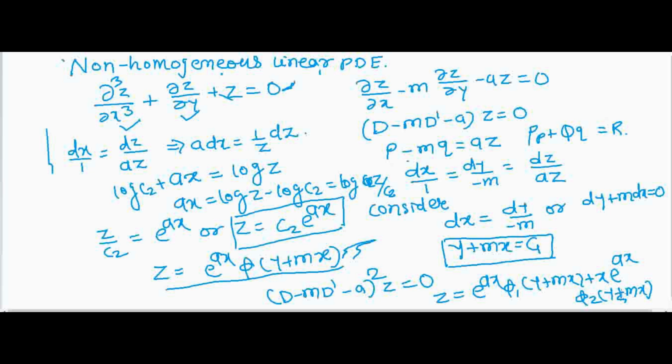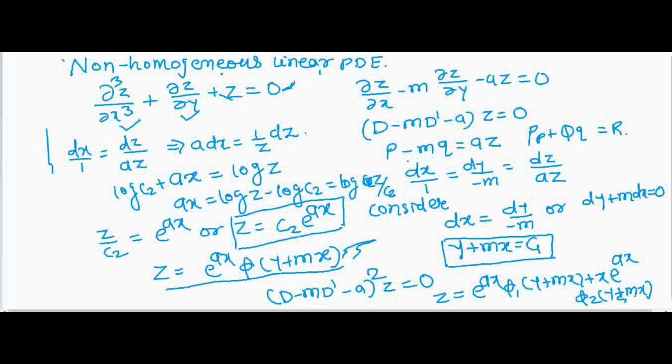You just have to remember that whenever the equation is of the type (D − mD' − a), we need to observe two values, a and m, and directly put them in z = e^(ax) φ(y + mx). That will be the solution or complementary function of this type of differential equation.